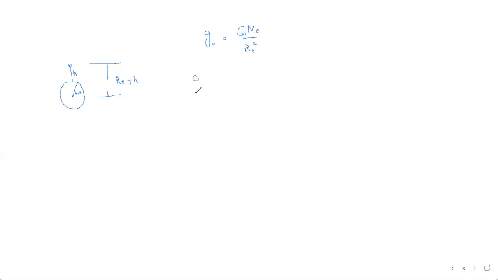But now, exactly, gh must be capital G times the mass of Earth divided by our total distance, squared, isn't it? Now, a little simplification. We can write this as G times the mass of Earth divided by RE squared, taking RE common, and we are left with 1 plus h over RE, and its square.